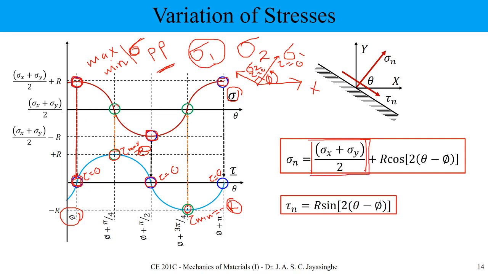So it's not 0, but the value is what we call the average value, sigma average.